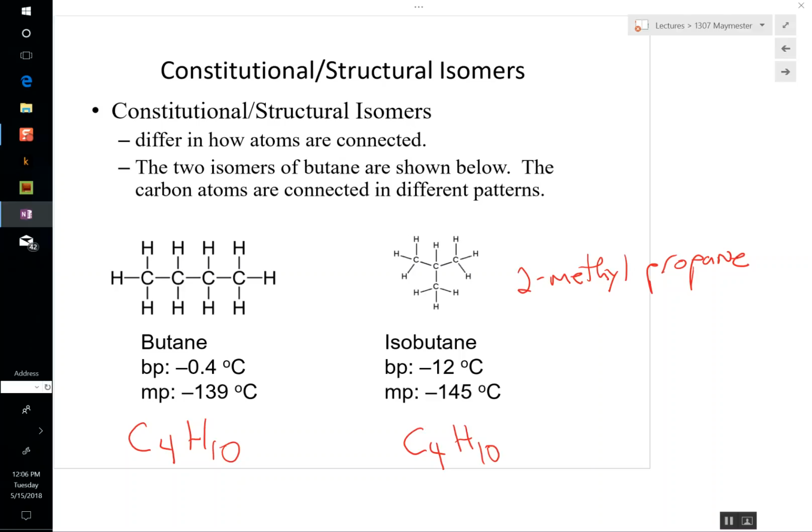Why do you need to know this? Well, on a quiz or an exam, I could say, draw isobutane. You go, oh man, I can draw any molecule if you give me the IUPAC name, but I can't draw that one because I don't know the structure of isobutane. All right? So what are isomers?